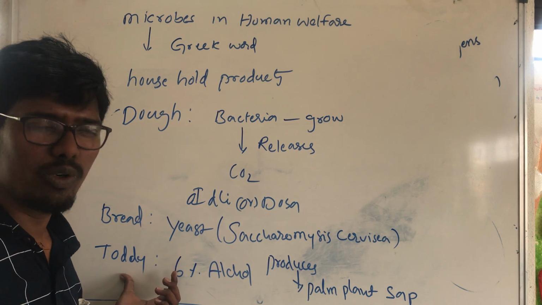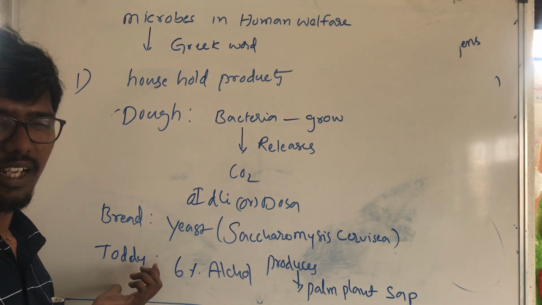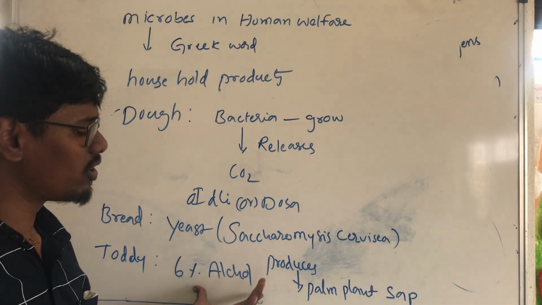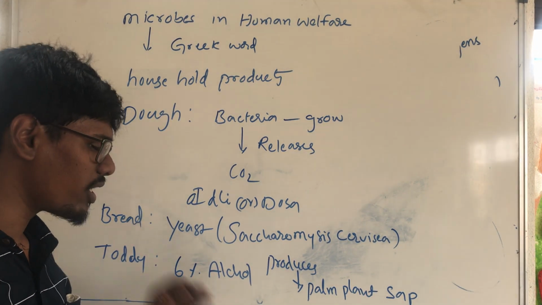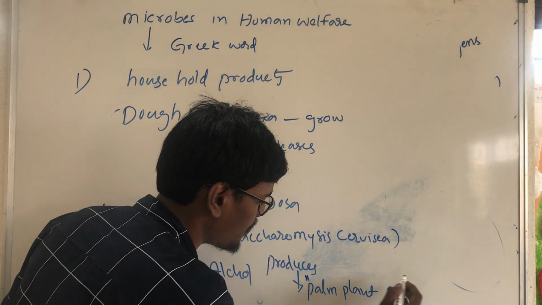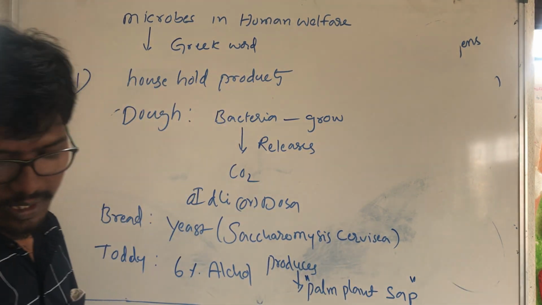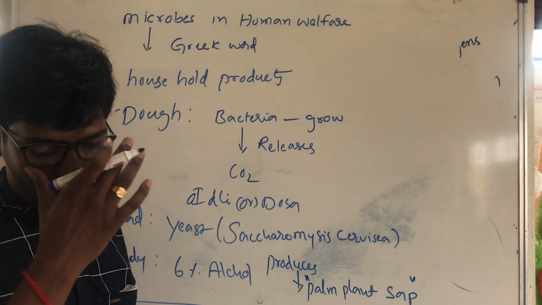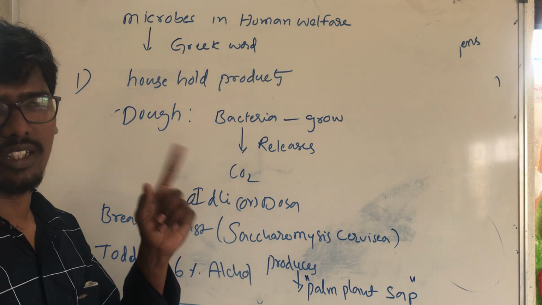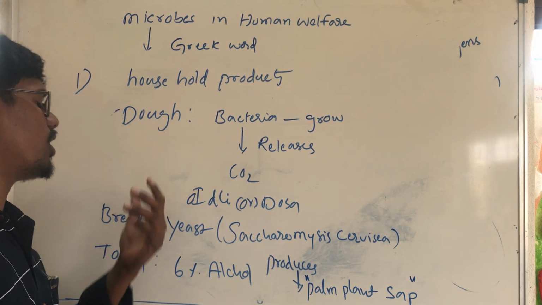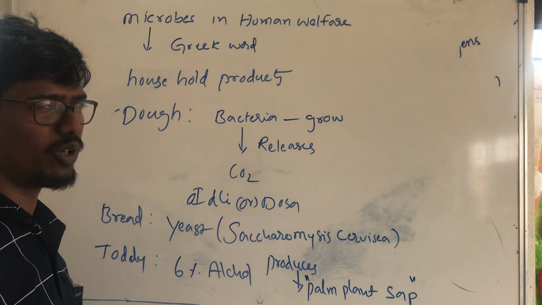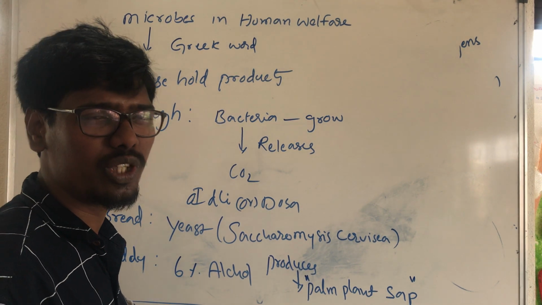Most South Indian people drink toddy. It has about 6% alcohol, and it is produced from palm plant sap. So the first thing is curd, the second is dough, the third is bread, the fourth is the toddy drink, and one more thing is cheese.